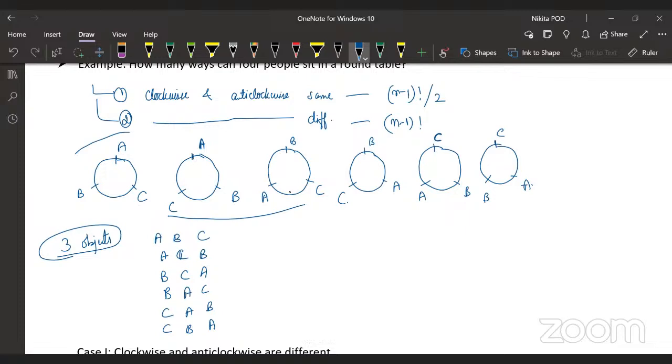So the second, third, and sixth are the same arrangements. Yeah, we have to check who is sitting next to each other.